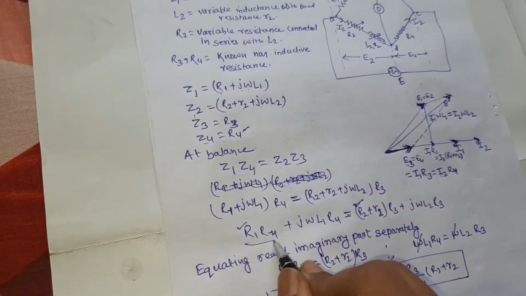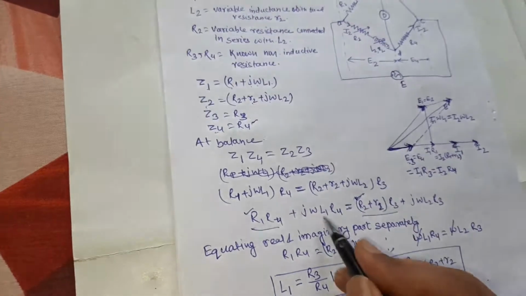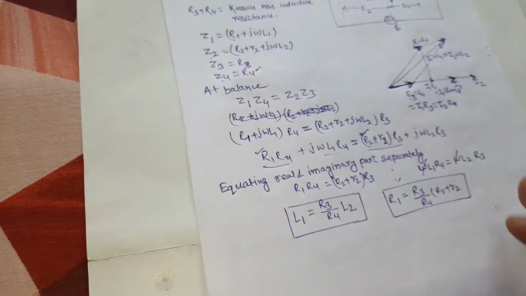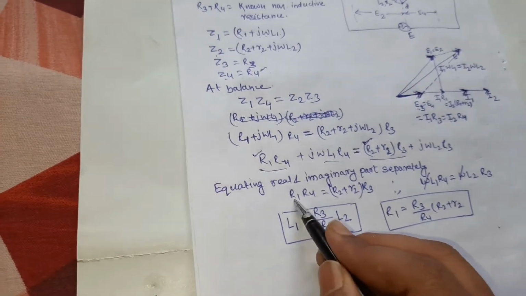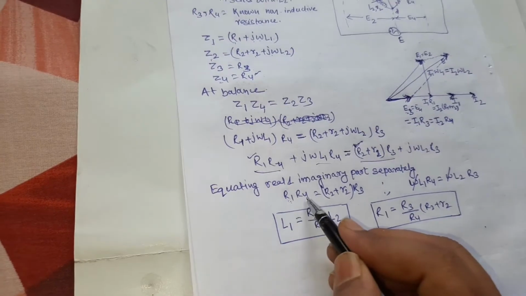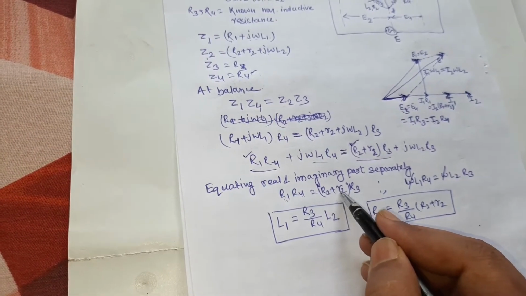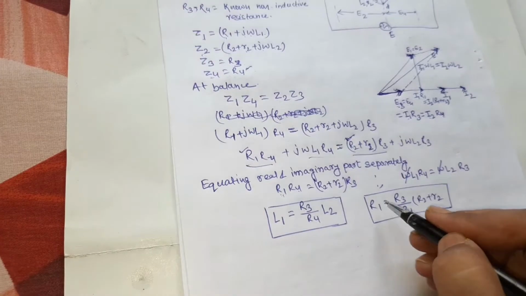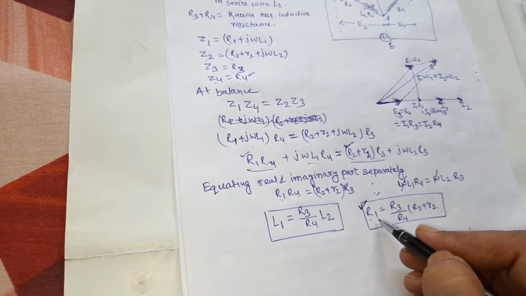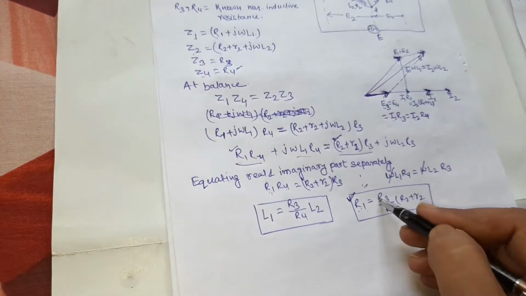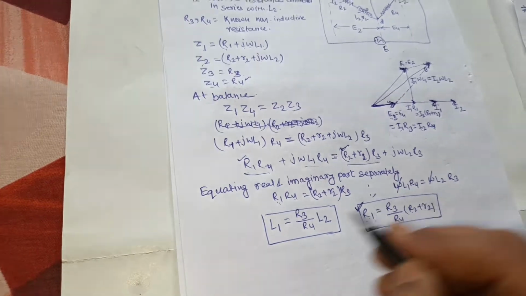Now equating the real part of the left hand side to the real part of the right hand side, and imaginary part to imaginary part, we get R1 into R4 equal to R2 plus small r2 into R3. So in this way you can obtain the unknown resistance of the inductor: R1 is equal to R3 by R4 into R2 plus small r2.